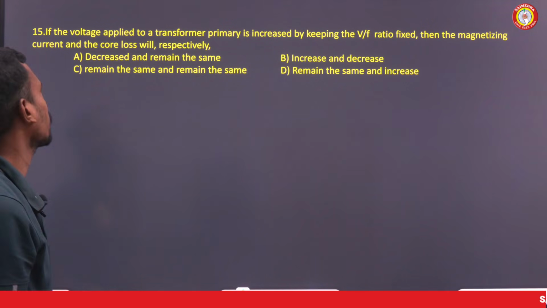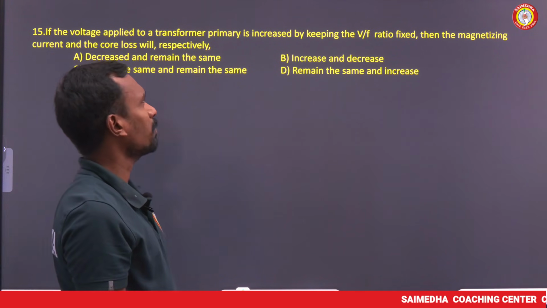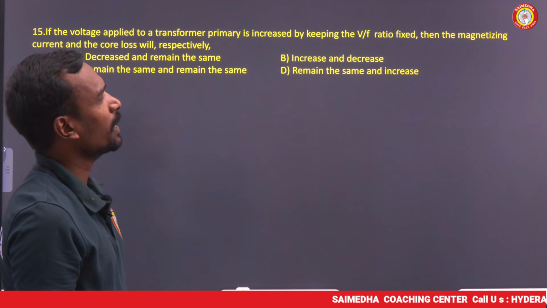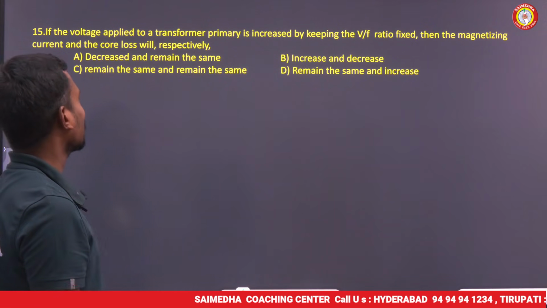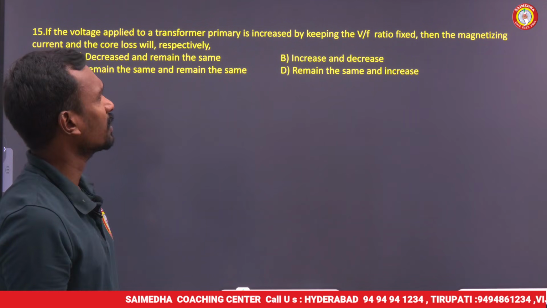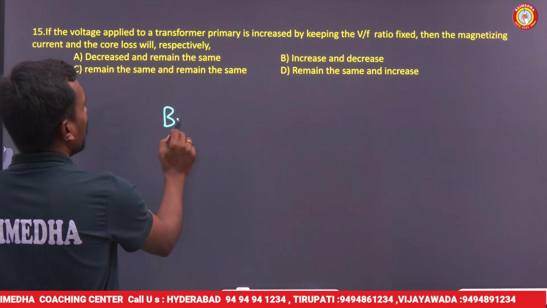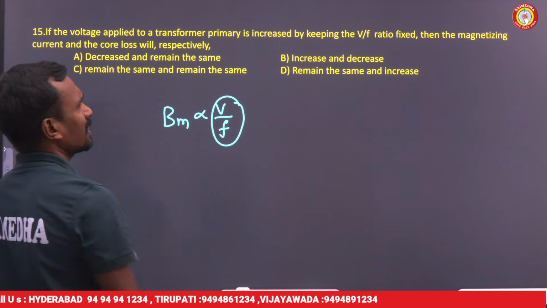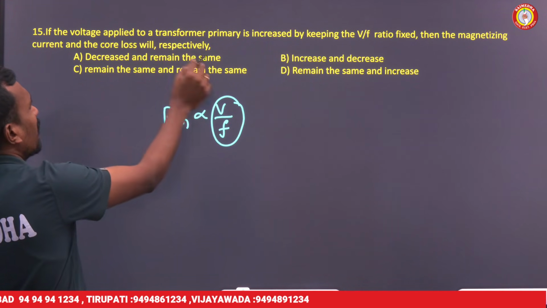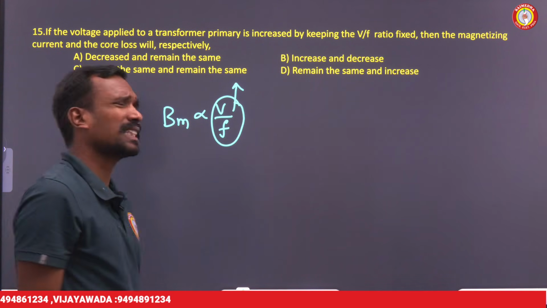Next question. If the voltage applied to the transformer primary is increased by keeping the V by F ratio fixed, then the magnetizing current and core loss will respectively. What happens here? B maximum is constant. Of course, we are increasing the voltage, but we are keeping B maximum constant.